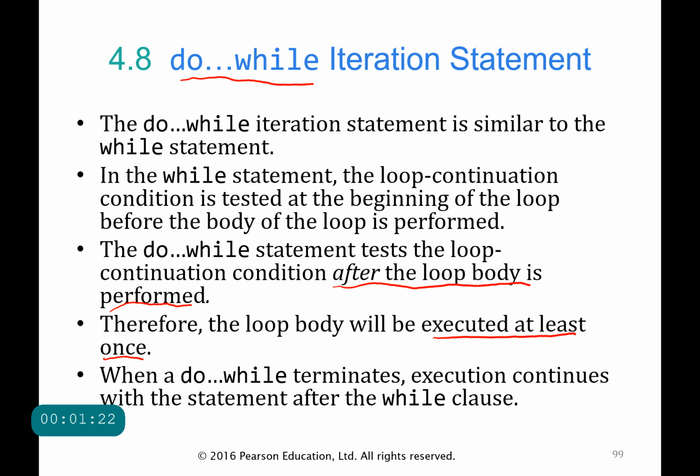Whereas with the do while loop, you first go into the body, execute it, and then check the condition. And if the condition happens to be true, you go back into the body, and if it is not true, then you go to the statement that follows the do while loop. And so what that means is that your loop will be executed at least one time.